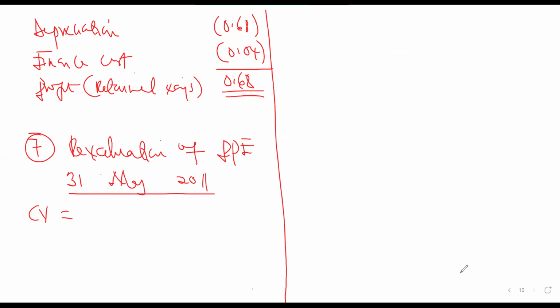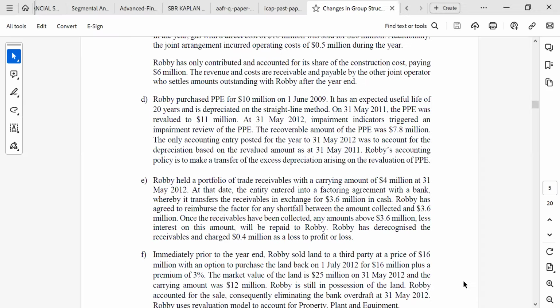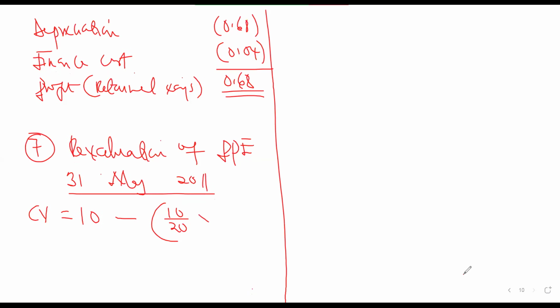So what is the carrying value of the asset in our books? That will be the cost of 10 million minus, in brackets, accumulated depreciation. That will be 10 million divided by, what is the useful life? 20. Okay. So that will be 10 over 20 multiplied by what? 2. Would the multiply by 2 be relevant here?